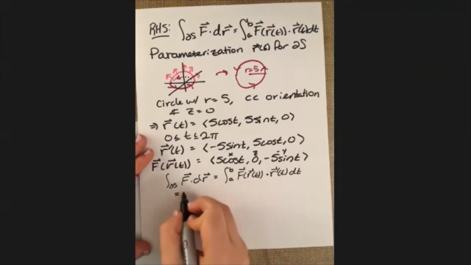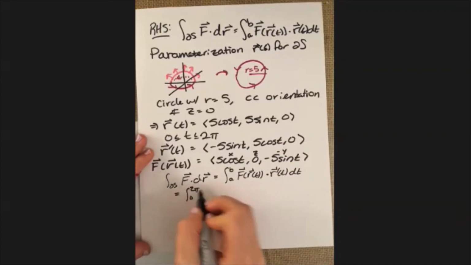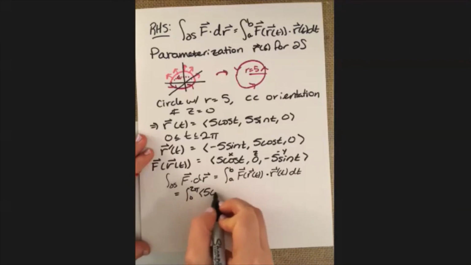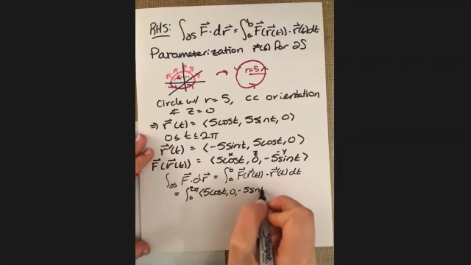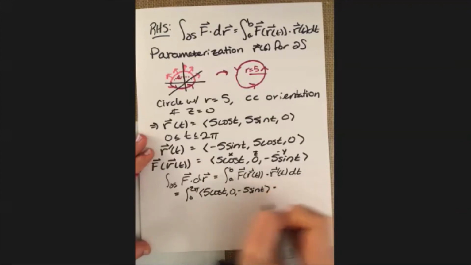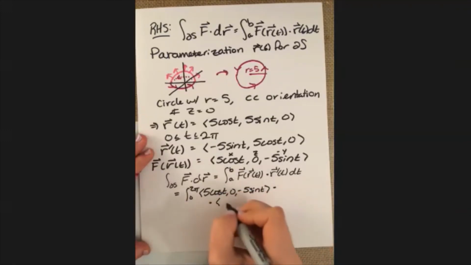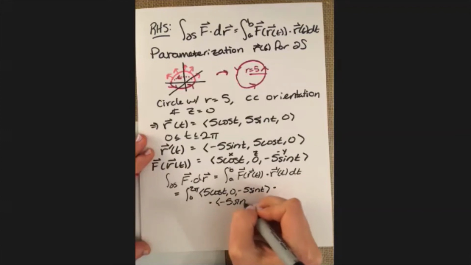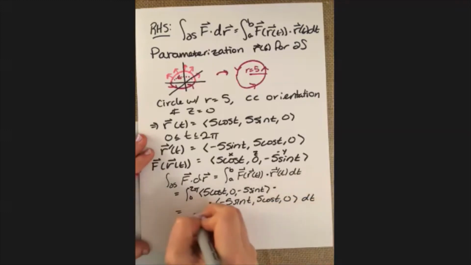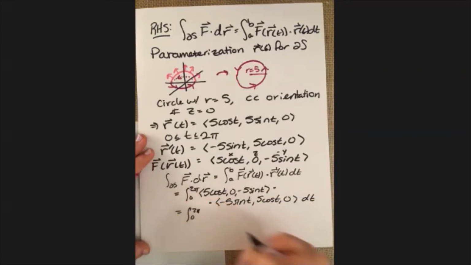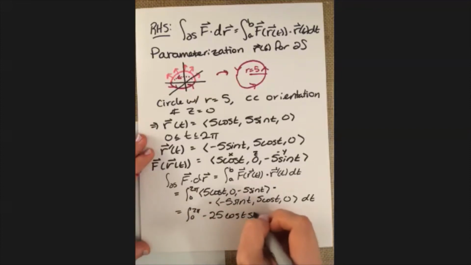This is equal to the integral from 0 to 2 pi of 5 cosine of t, 0, negative 5 sine of t, dotted with negative 5 sine of t, 5 cosine of t, 0 dt, which gives the integral from 0 to 2 pi of negative 25 cosine of t sine of t.